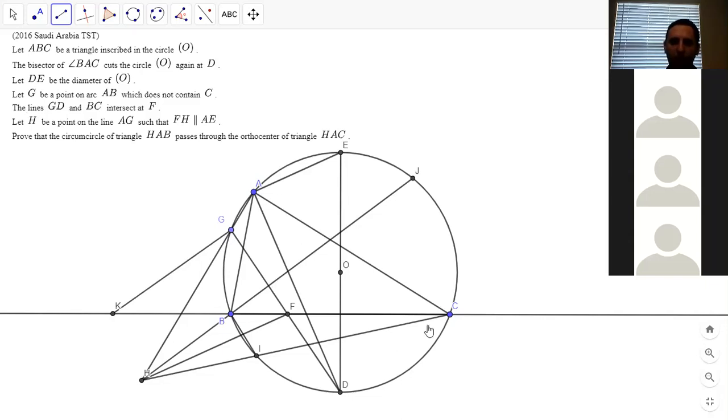Do we know that HF is an angle bisector? No, we don't. Okay, so maybe we could show that this is cyclic right here somehow.